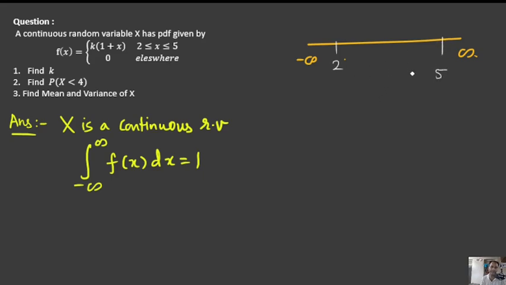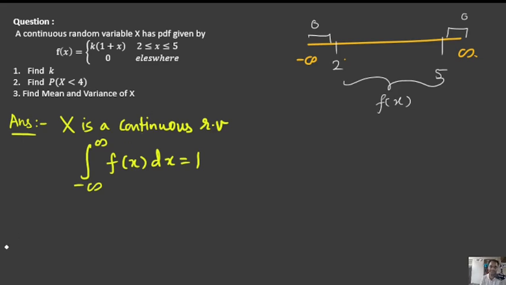The function is defined only on this portion. In the rest of the places it is 0, in this part it is 0, and here in between the value is k times 1 plus x.